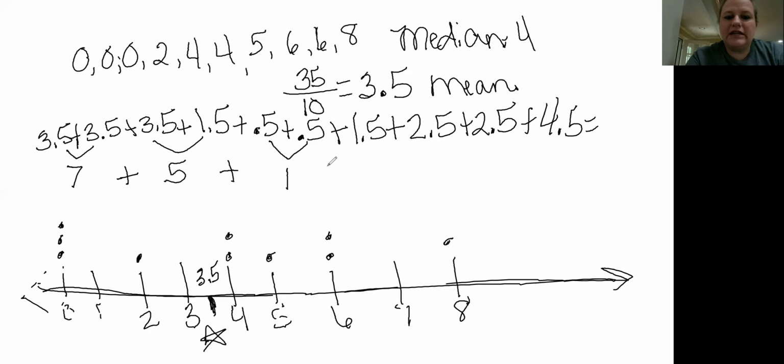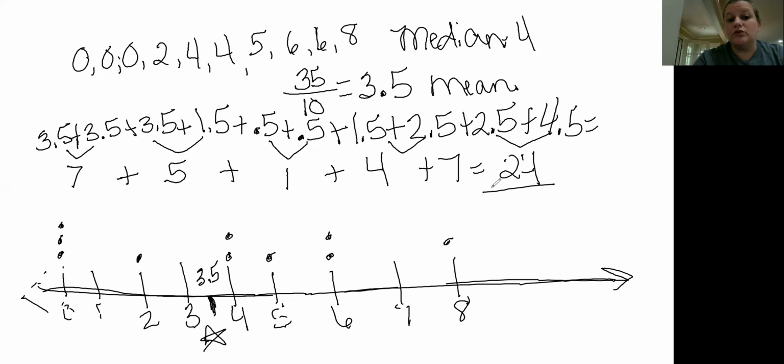So I'm just combining to get rid of those 0.5s everywhere. 2 plus 1 is 3, and a half would be another, which would be 4. 4 plus 2 is 6, and then a half and a half would make it 7. Whew, that's much better. 7, 8, 9, 10, 11, 12, 13, 14, 15, 16, 17, plus 7 is 24.